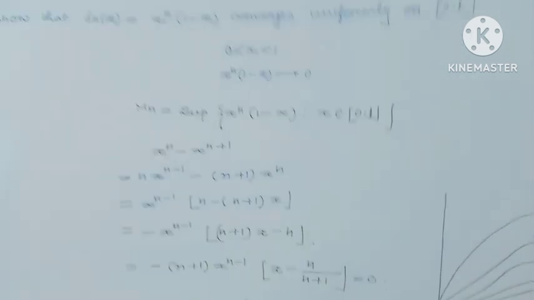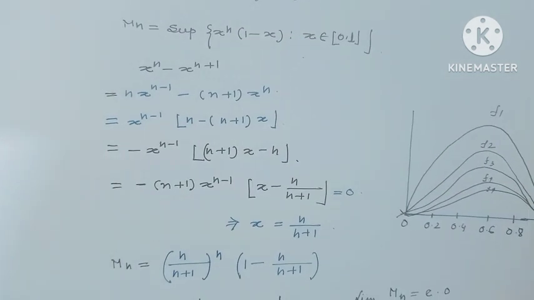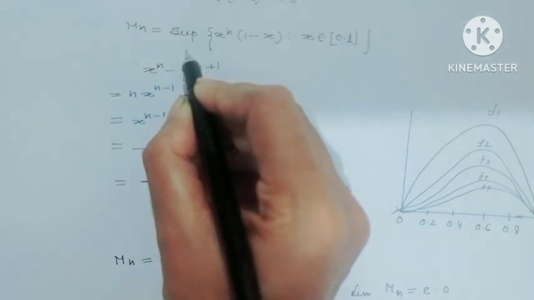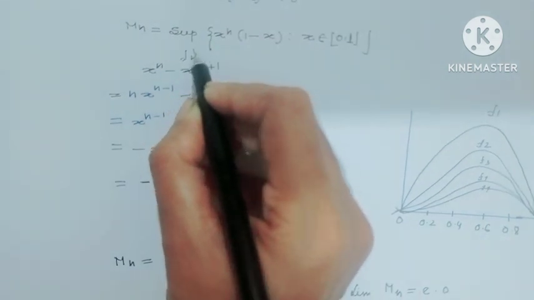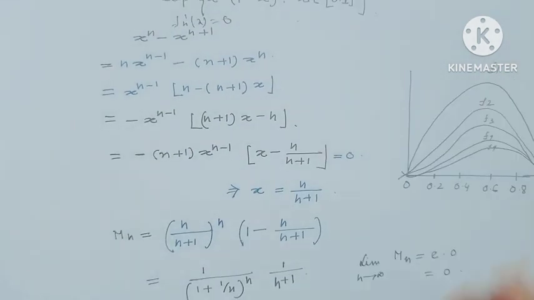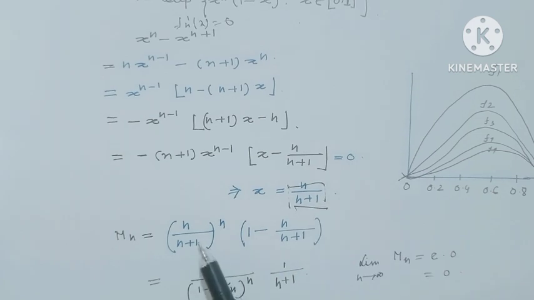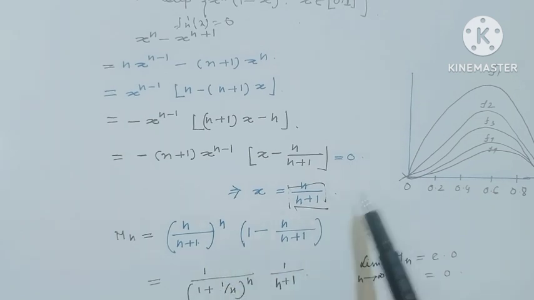And obviously this is the fn(x). To find the supremum, we have to find fn dash x equal to 0. And this value is n over n plus 1. Just put the value in Mn.